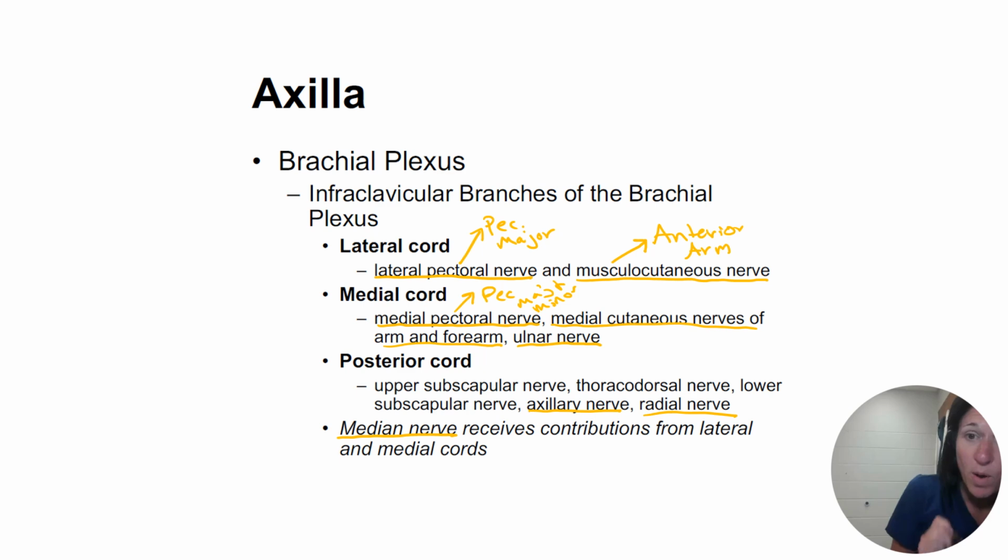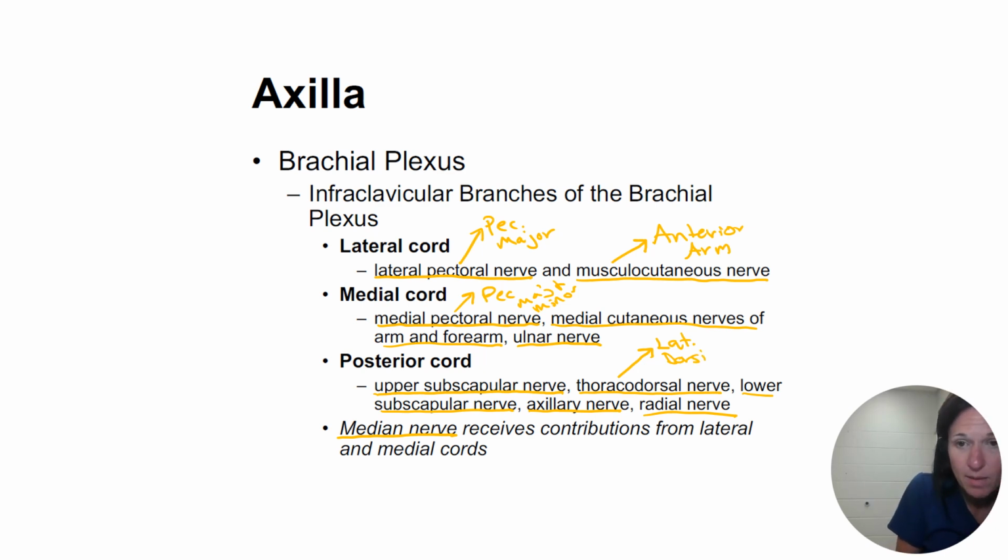Okay, so from the posterior cord, now we have upper subscapular, thoracodorsal, which is also called middle subscapular, and lower subscapular. So we already know thoracodorsal, right? The thoracodorsal nerve or middle subscapular is responsible for the innervation of latissimus dorsi.